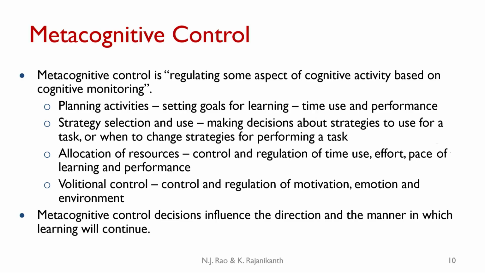Metacognitive control decisions influence the direction and the manner in which learning will continue. All these 4 activities, most of the times we will be doing that, but without being fully aware of it, or we may not be able to perform these activities properly because we are not aware of it.